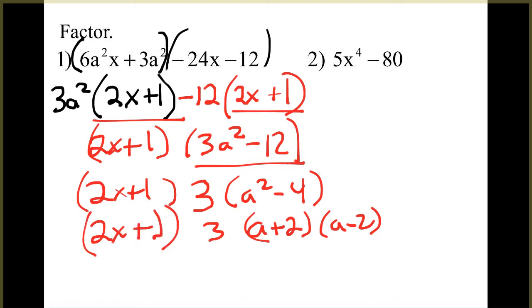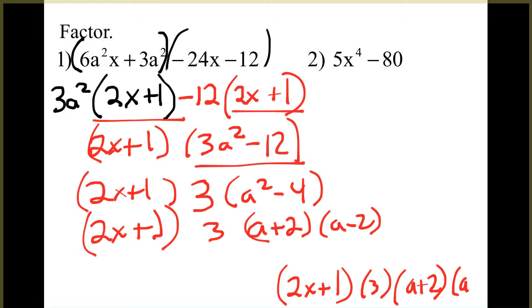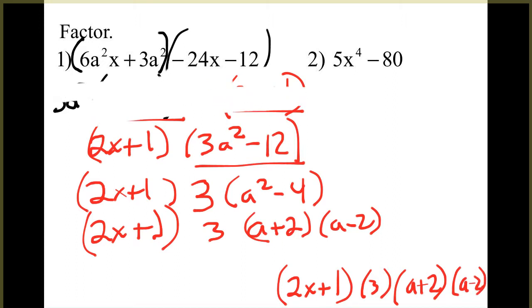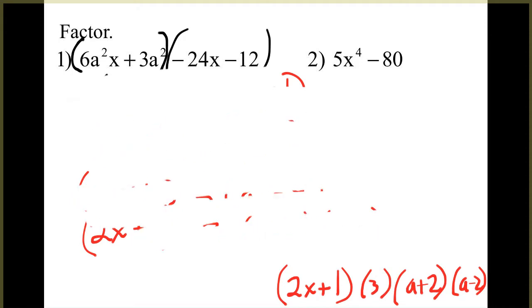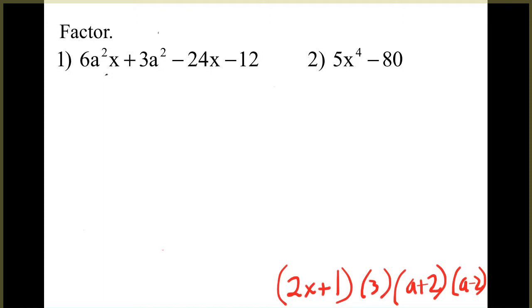All right, the one thing I'm worried about is that we have 2x plus 1 times the quantity of 3 plus a plus 2 times a minus 2. Let's erase it all, redo it like we talked about. All right, let's divide out our GCF, and I get a 3.